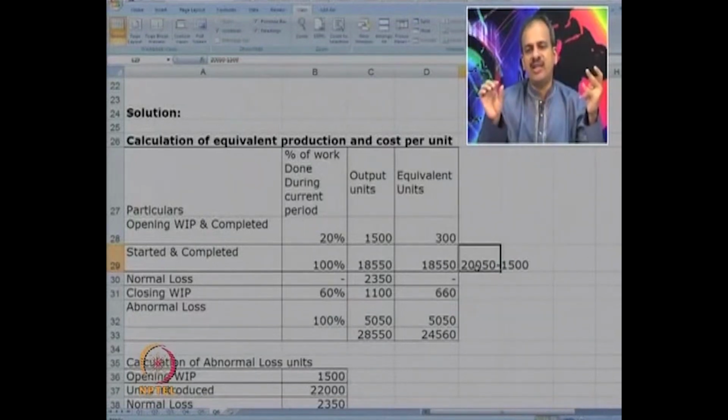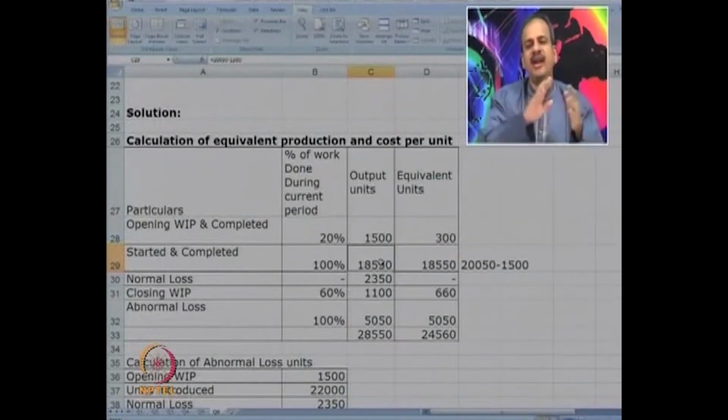Remaining, that is 18,550, are newly units entered and to be completed. Of this, 2350 is a normal loss, we have already calculated. 1100 is a closing stock, and abnormal units are 5500.